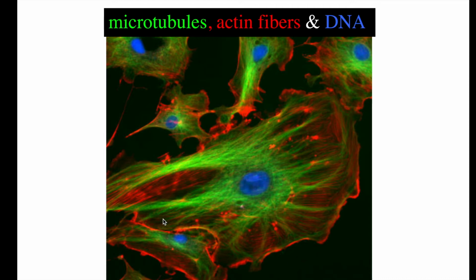Okay, one of the techniques that cell biologists use is to label different parts of the cell with antibodies that have fluorescent colors on them, so that you can see different parts of the cell well. In this picture of cells growing on a dish, microtubules made out of the protein tubulin are shown in green fluorescent.